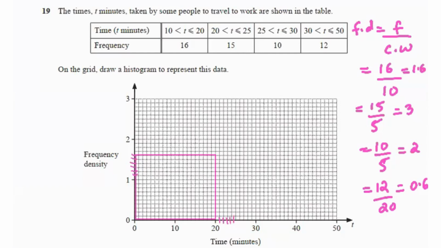So 20 to 25 is going to come like this. And then from 25 to 30, that's 2. Then after that, 0.6. So that's going to be 1, 2, 3, 4, 5, 6. That is this.